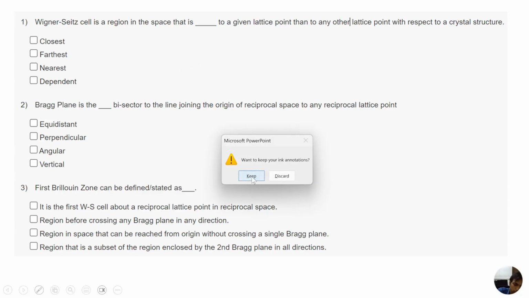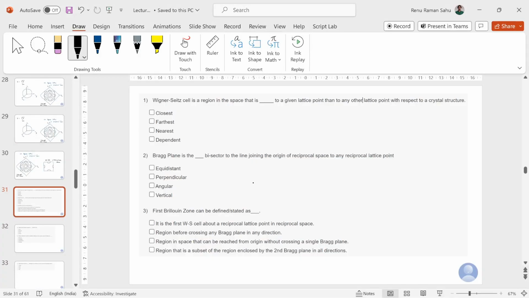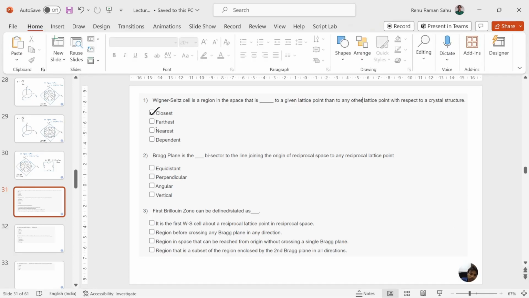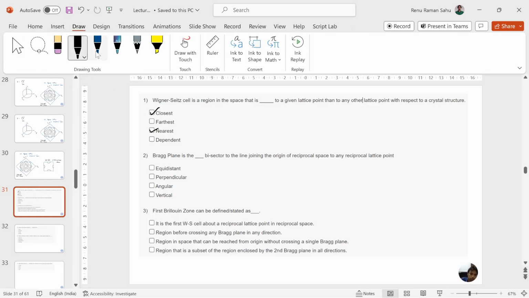Yeah. Nearest also you can say. It is the same thing, no? Closest and nearest. Dependent is not the right way. Dependent or farthest is not. It is closest and nearest. These are the two correct options.